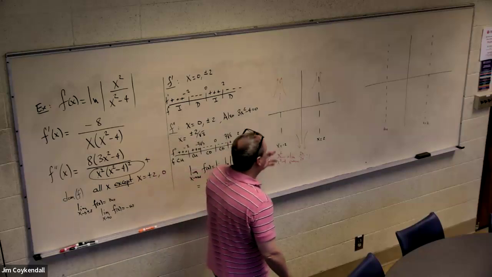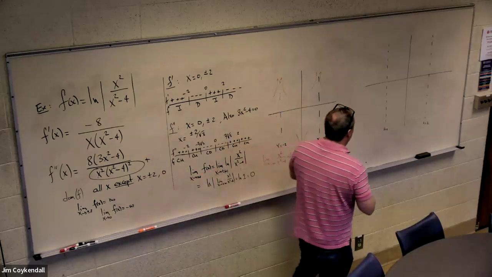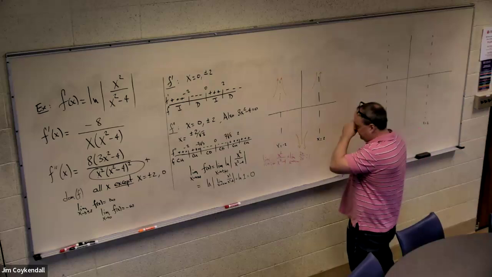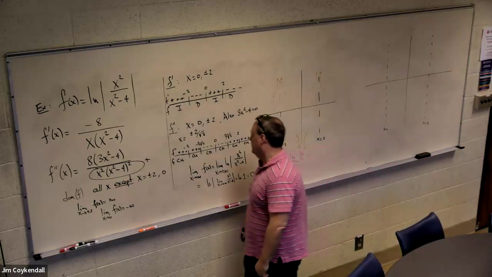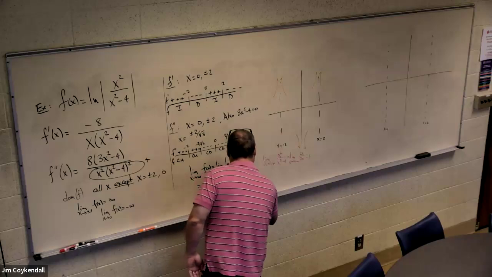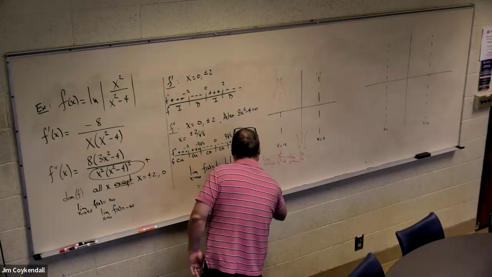So this has horizontal asymptote y equals 0 in both directions. Horizontal.